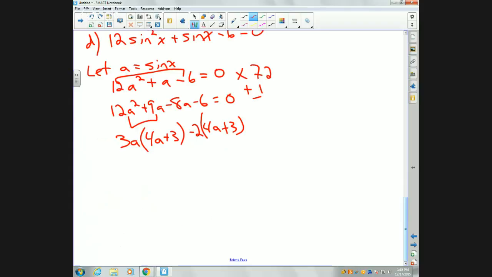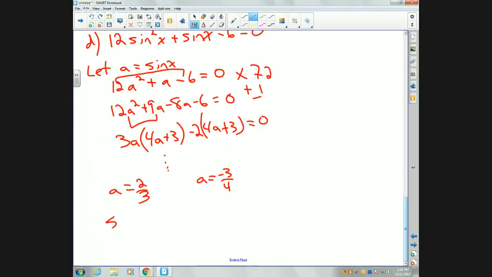Anyway, you go from there, you get your A values, there should be 2 of them, and then you replace A with sine x. I'm going to skip a bunch of steps here. A is 2/3 and negative 3/4.